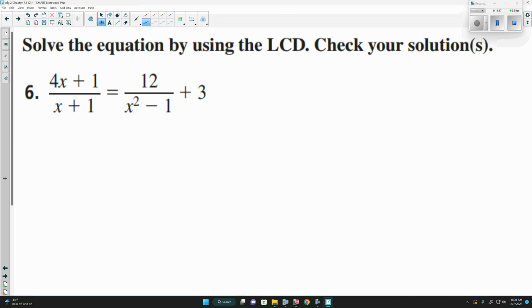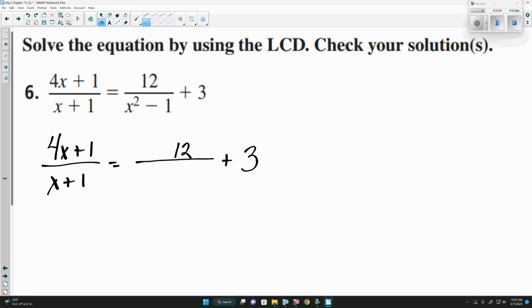However, if one of the denominators is factorable, we do need to factor it. Because the x plus 1, our denominator of our first rational expression, is as simplified as it gets. We can't simplify x plus 1 any further. However, x squared minus 1 will factor.